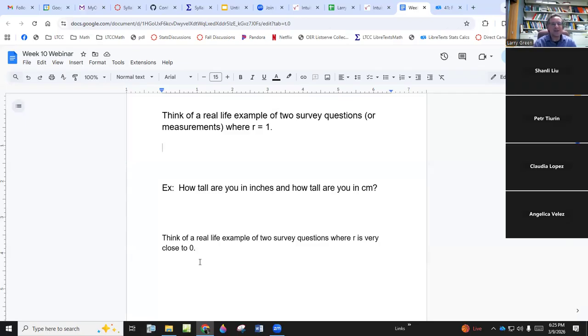So I got one person with two: how tall are you in inches, and how many movies have you watched? Okay. I'm not quite sure if R will be close to 0. I would say R would only be close to 0 if you're talking about adults. Because the problem is, if you include children, then if you're really young, you've probably watched almost no movies.